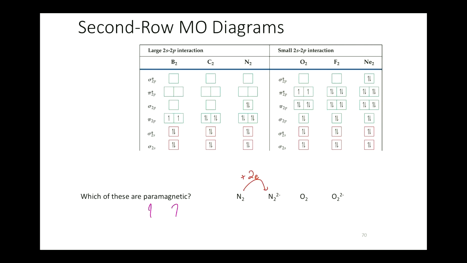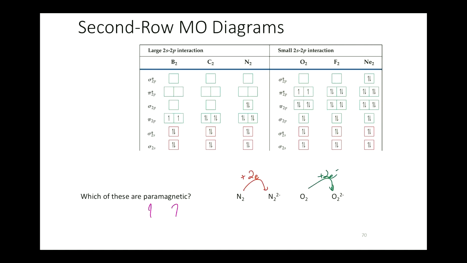So since N2 minus is an anion, we add 2 electrons. To make oxygen into oxygen 2 minus, we also add 2 electrons to the MO diagram, and that's it. We add 2 electrons, but to the next available spot. So we need to follow our Aufbau's principle, Hund's rule, those things.